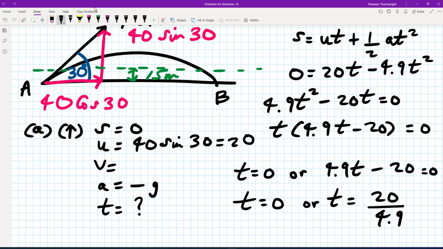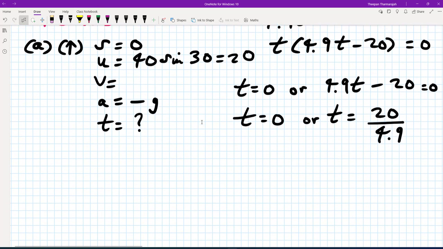Because we want the horizontal displacement, I'm going to leave it as 20 over 4.9. So what does this mean? It means that the particle is at the origin, at displacement 0, at time t equals 0, and it comes back to 0 at time 20 over 4.9.